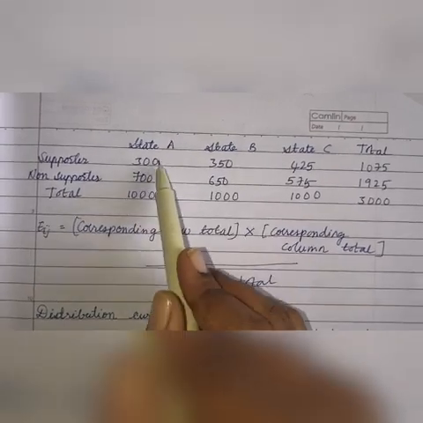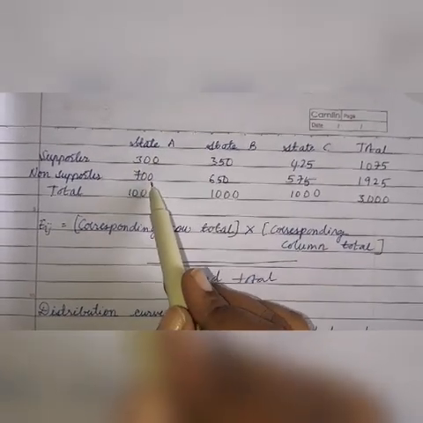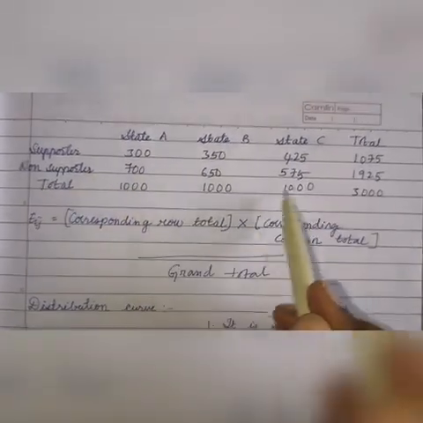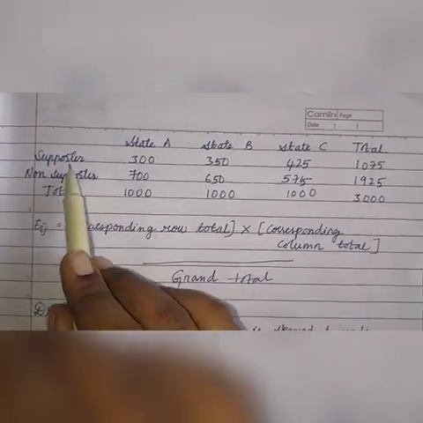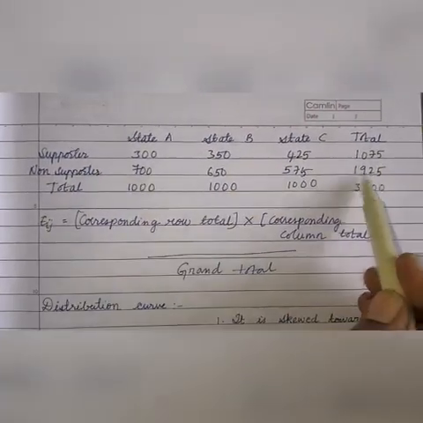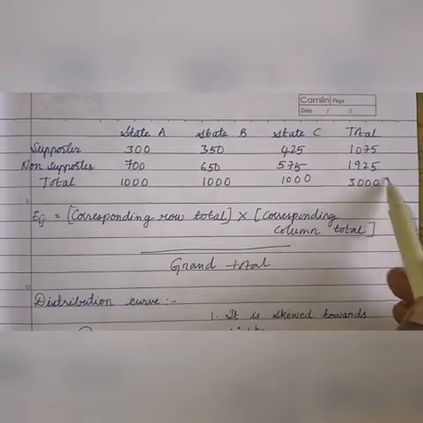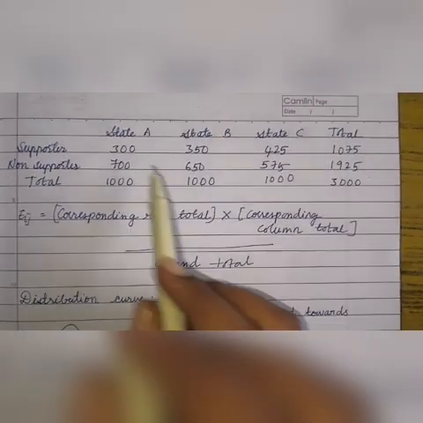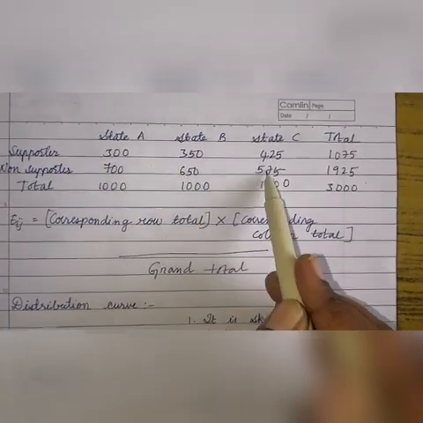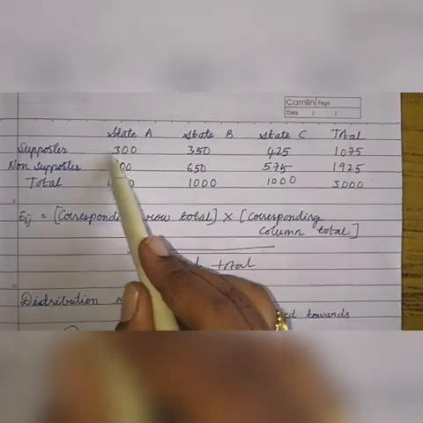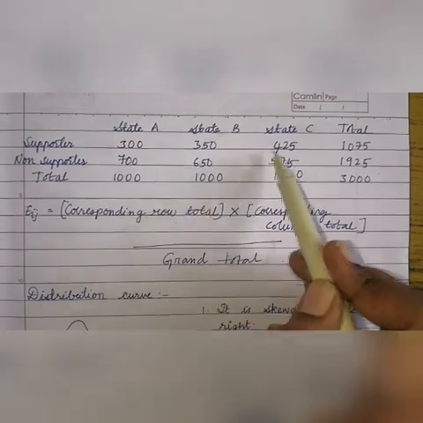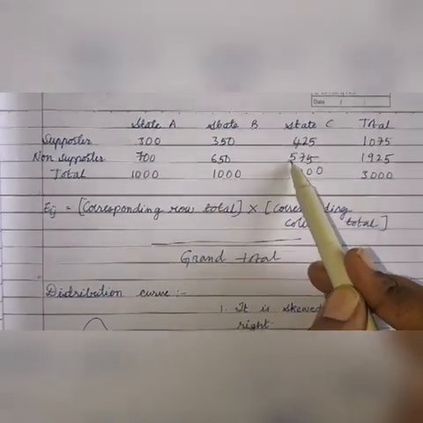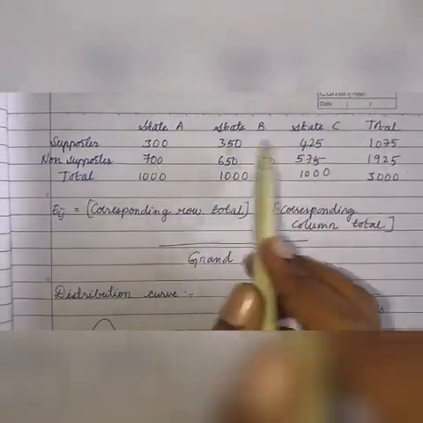So 1,000 minus supporters will give us non-supporters. Each row has a total and each column has a total, and there is a grand total for row and column. Now these are your observed frequencies: 300, 700, 350, 650, 425, 525.